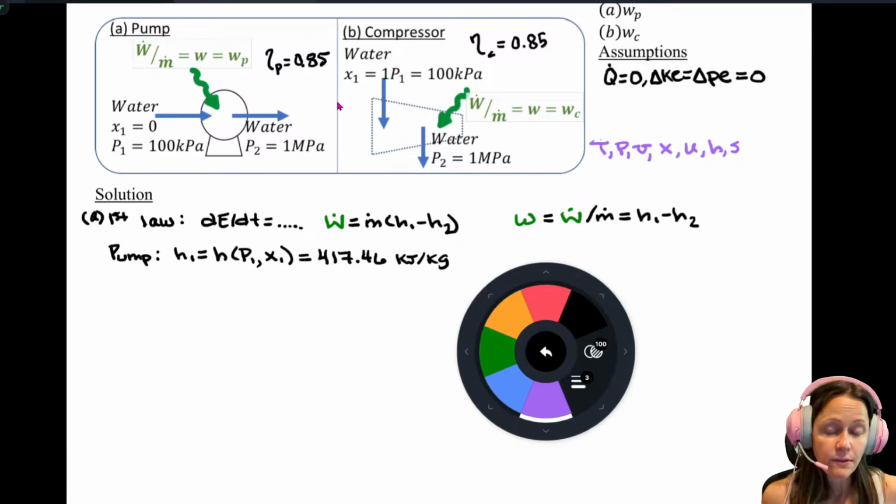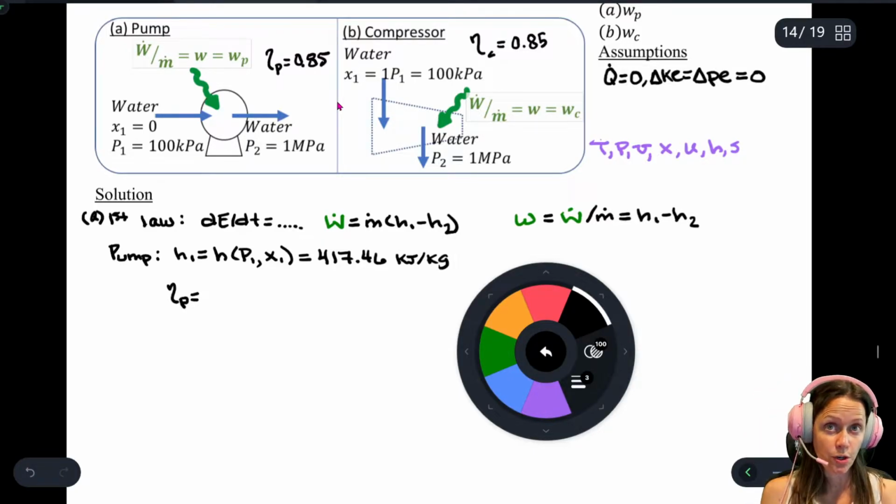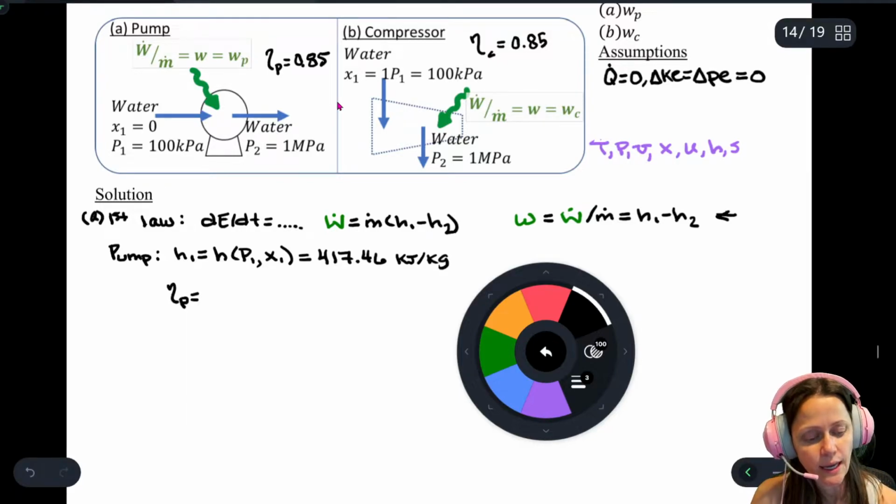But I am given some information about the isentropic efficiency. Remember that isentropic efficiency relates the ideal isentropic process, where delta S is equal to 0, and the actual process, which is what I'm trying to describe.